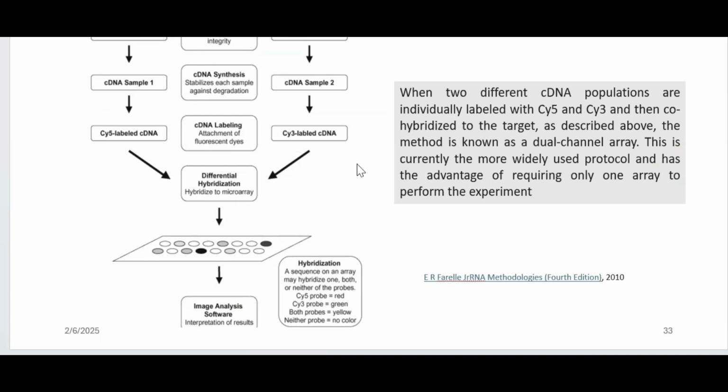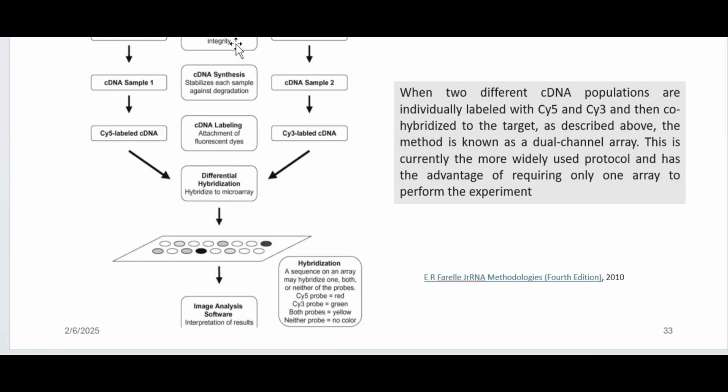The channels indicate nothing but that you have extracted the sample from different sources: RNA sample 1, RNA sample 2, and of course it is not necessarily restricted to 2. You can have as many as possible. All right, so here I'm talking about the case where I'm going to have two different samples.